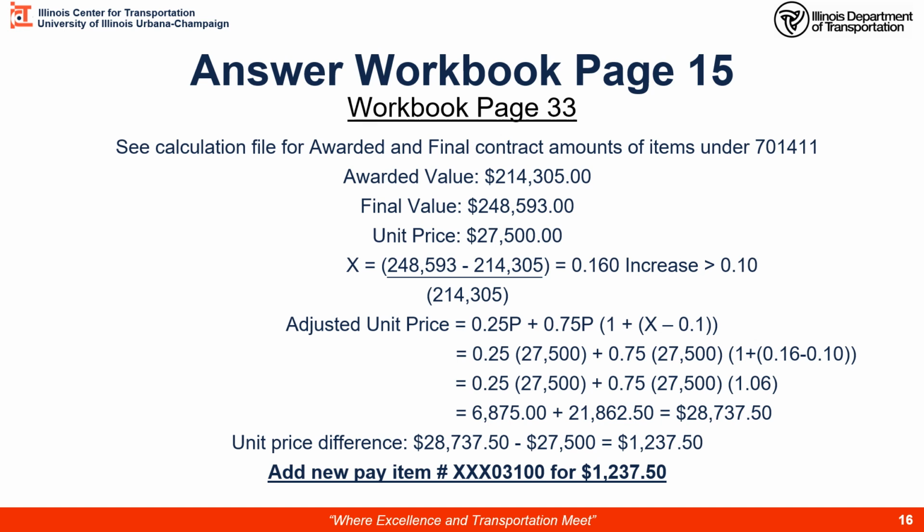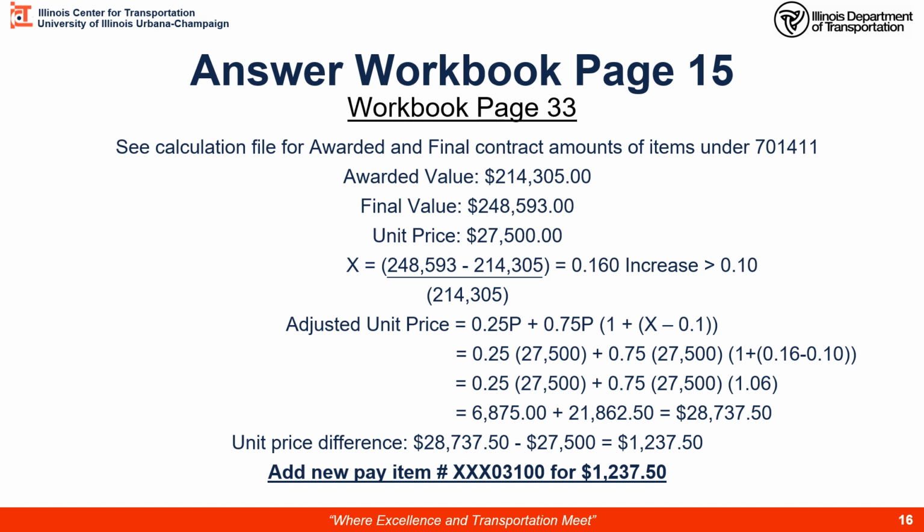We found the pay item number, which if you go to the construction memorandum 17-4, which starts on page 94 of the appendix, this is on contract changes. And if you go to the back of that memorandum, which is on page 114, you'll see there's a list of specialty pay items that are XXX numbers for adjustments.